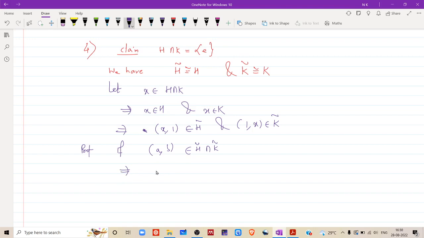Then (a, b) can be written as (a, 1), because it is in h tilde, and (a, b) can also be written as (1, b) because it is in k tilde. So if we compare this, you will find that a equals 1 and b equals 1.